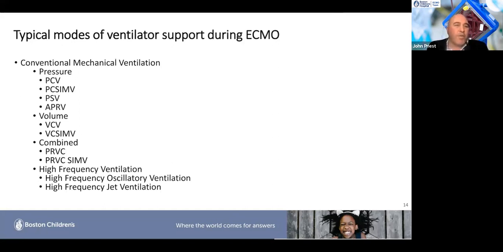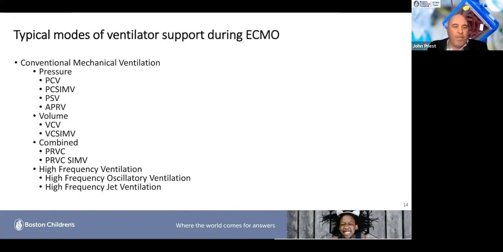If you're strictly just pressure support and no control of inspiratory time, you're going to be in pressure support mode. You have airway pressure release ventilation. As far as volume modes, you have volume control ventilation. If you add pressure support, volume control synchronized intermittent ventilation. The combined modes, pressure regulated volume control or PRVC, add pressure support, it's just a SIMV on top of that.